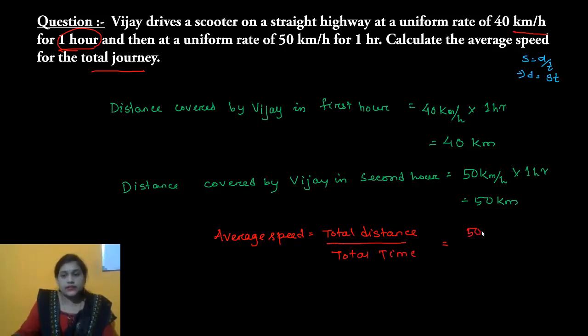So 50 plus 40 is the total distance, divided by the total time, 2 hours. So 90 divided by 2 is equal to 45 km per hour. This is in kilometers and this is in hours. So 45 km per hour is the final answer.